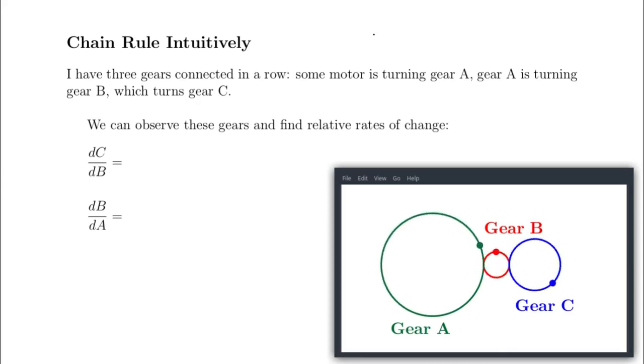We can just look at these things and observe rates of change here. What I mean is we can answer the question dC over dB. We could say, how many times does C revolve in the time it takes gear B to revolve once? What's the rate of change, or you could think of it like a speed, in relation to gear B?